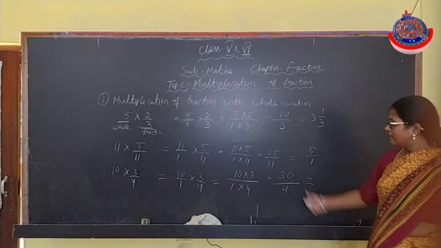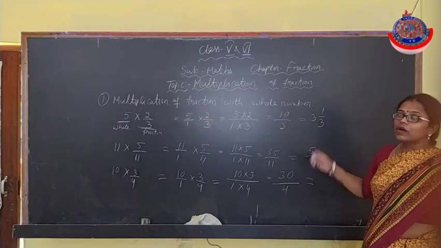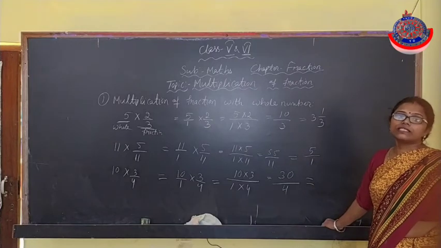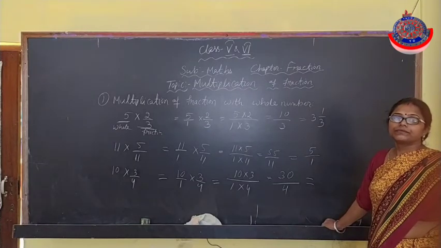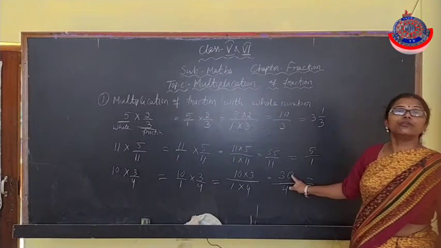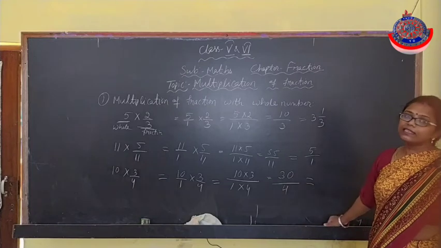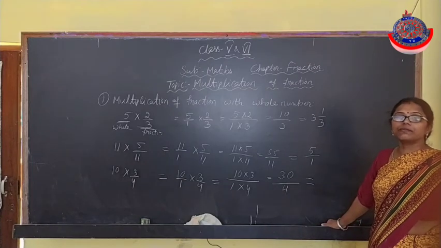Yes. It can be reduced. Then what do we have to do now to reduce it to its lowest form? Yes, we have to divide both the numerator and the denominator by their HCF. Then what will be the HCF? What is the HCF of 30 and 4?